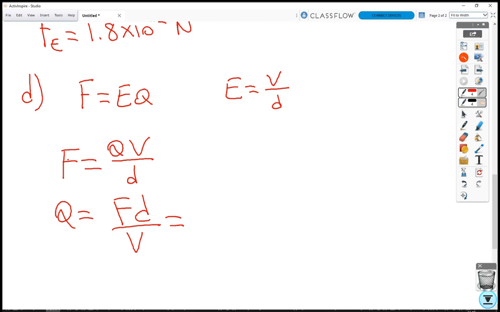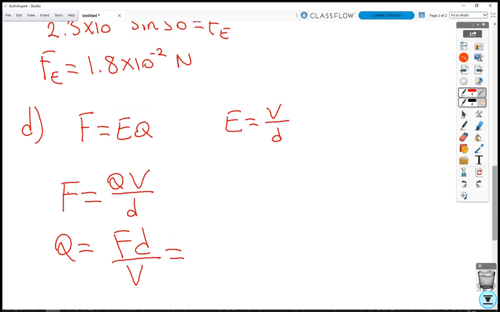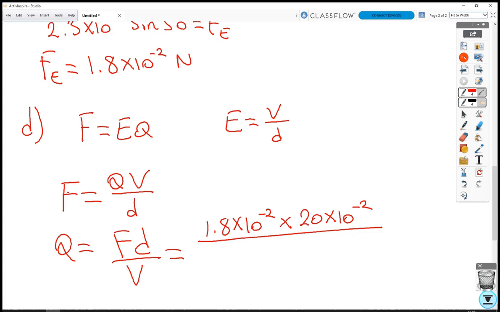We know that Fe from the previous question is 1.8 times 10 to the minus 2. The separation was 20 centimeters, so that's 20 times 10 to the minus 2, all over the potential difference, which is given as 3 kilovolts, so that's 3 times 10 to the 3.